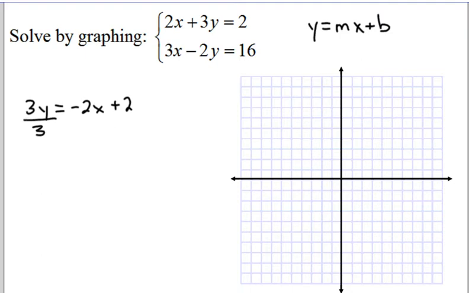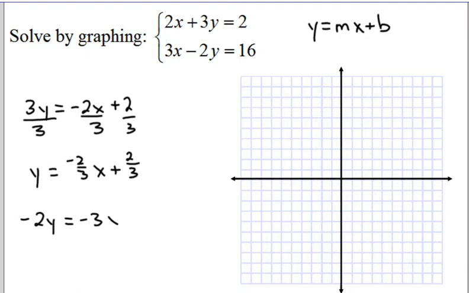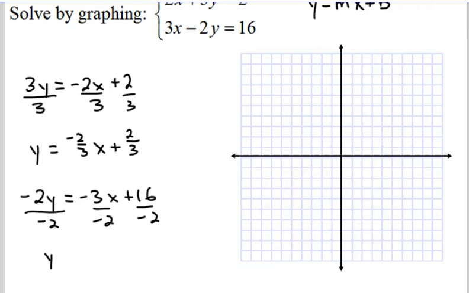Then I'll divide everything by 3 and get y = -2/3 x + 2/3. For the second equation, I'll take the 3x over and get -2y = -3x + 16. I'll divide everything by -2, and two negatives make a positive, so I get y = 3/2 x - 8.